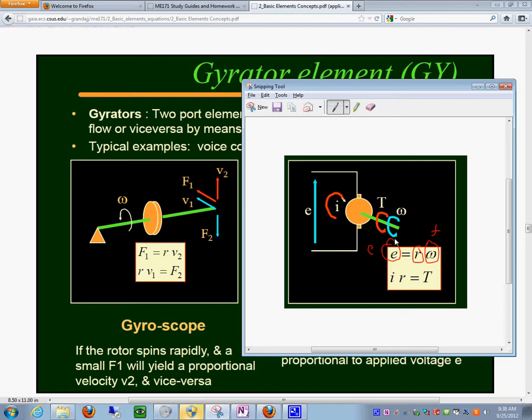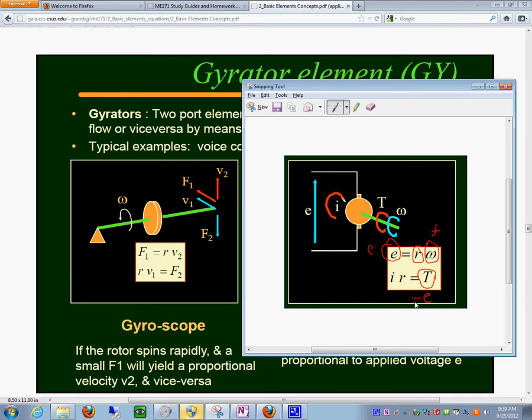So these two are not the same kind. That's the difference between the transformer and the gyrator, because the transformer goes E to E, but this goes E to F. And the other way, see here, this T is an effort variable.